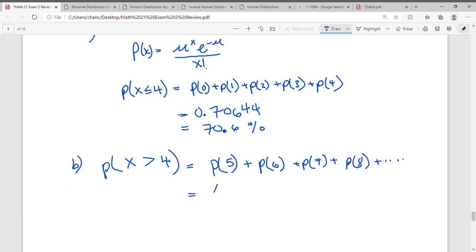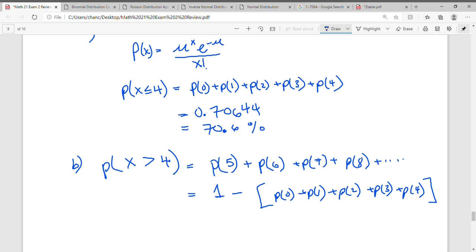Instead, we do 1 minus P of 0 plus P of 1 plus P of 2 plus P of 3 plus P of 4. Now, why would I need to subtract from 1? Because it's not possible to add P of 5 all the way up forever. That's not going to happen.